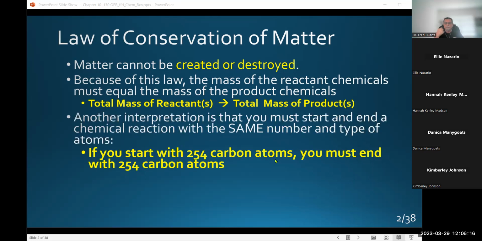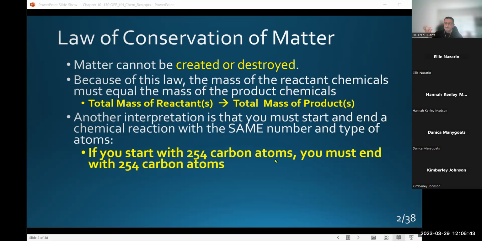Another way to look at it is whatever number of atoms we start off with on the reactant side, we will obtain the same number on the product side. So in this example, it's an arbitrary number, if I start off with 254 carbon atoms as a reactant, then I should end up with 254 carbon atoms as products.